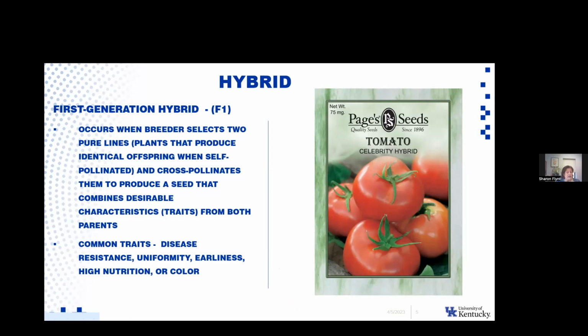It could be disease resistance, uniformity, earliness to harvest, or early germination, high nutrition, color. There's just all kinds of different things that they will select parent plants for. And then they combine those plants by cross-pollinating them. And that is an F1 hybrid.